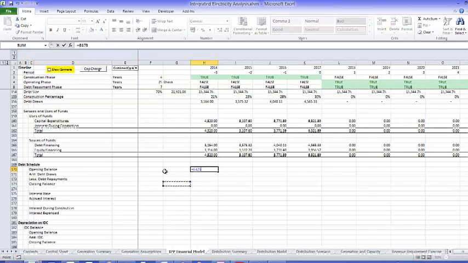The opening balance always equals the last year's closing balance. The debt draws are from above. That's why it was so important to keep those in order.